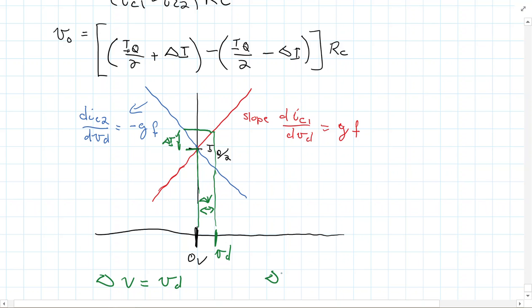But then what would my delta I be? My delta I would simply be, well, this is just a straight line. This would just be my slope, which is GF, times VD.